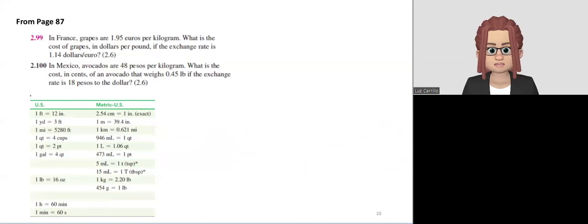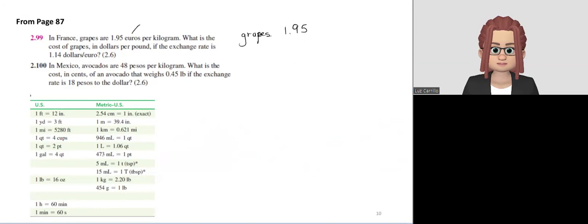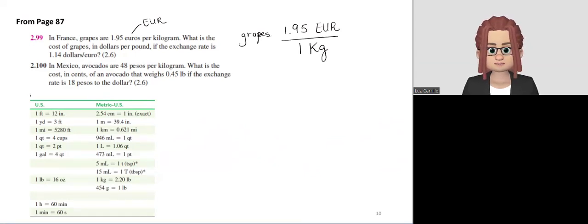The first thing that we need to consider is that specifically our grapes are costing 1.95 euros. The shorthand is EUR. So capital EUR. And when it says per kilogram, that says per over 1 kilogram. This is what is given.